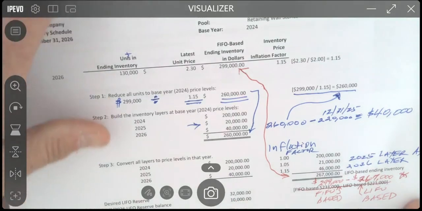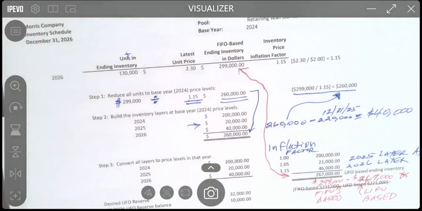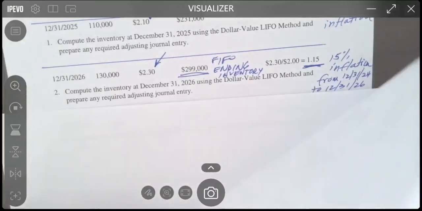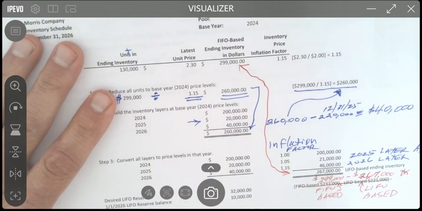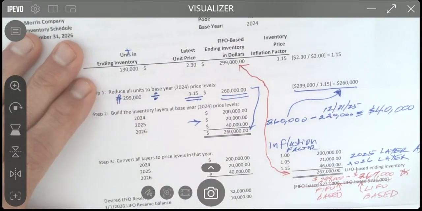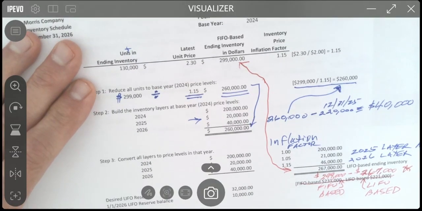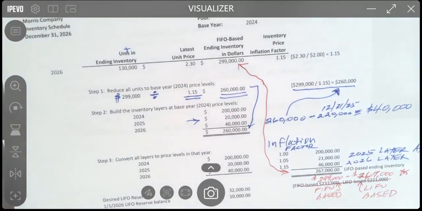Remember what is in the T account as we speak was 10,000 from last year. And so we will need to add to it.